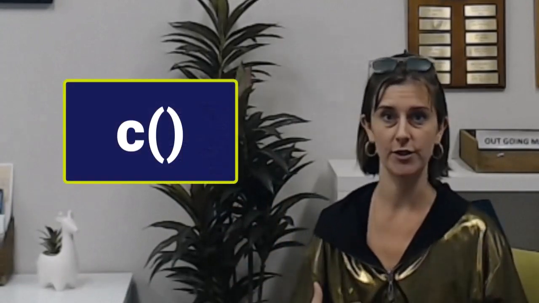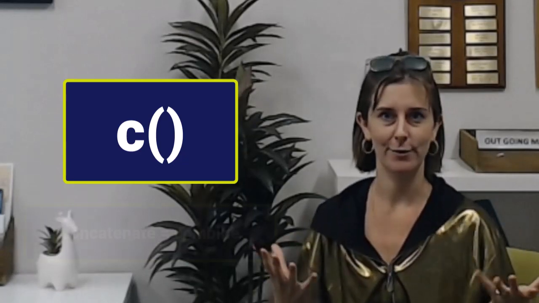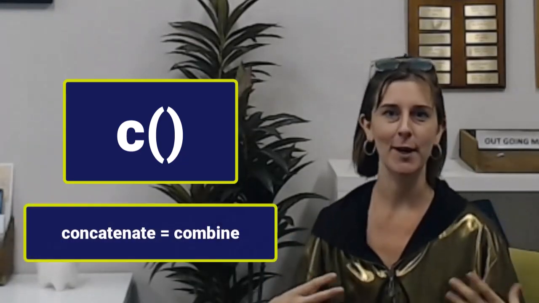Okay, here we go. This little C. This is a command, one of the first we learned in R. And what it does is concatenate, which is just a fancy word for combine.